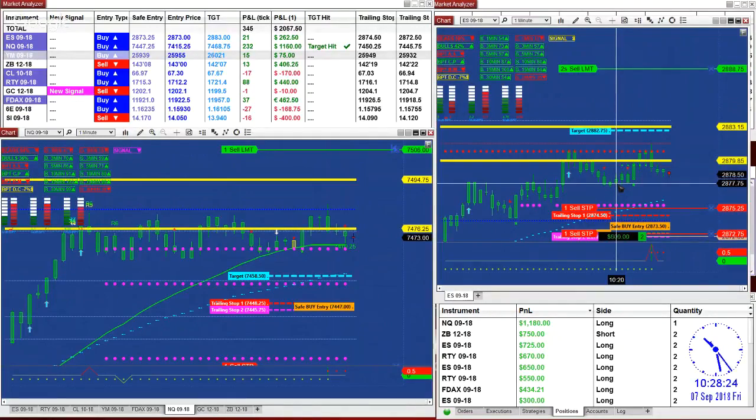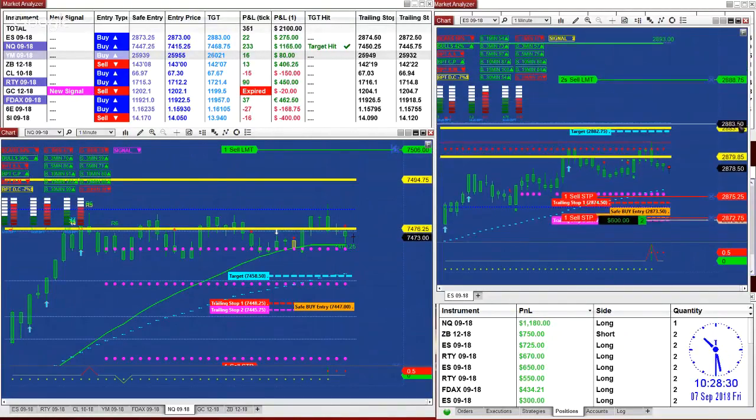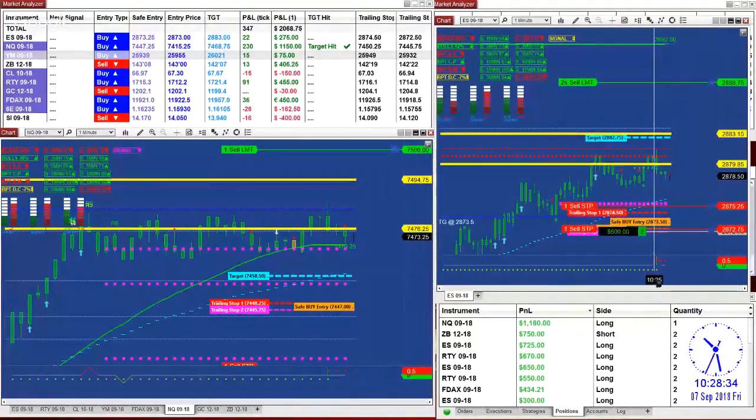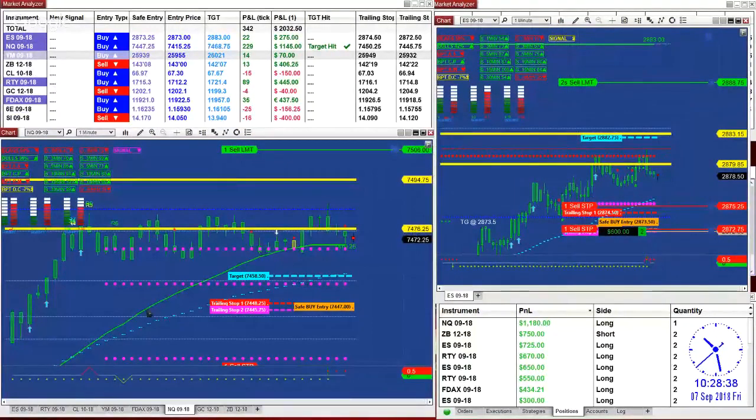This is very, very serious. You see how the Nasdaq is holding? The Nasdaq is holding this area with no problem. Now we are worried about the ES.